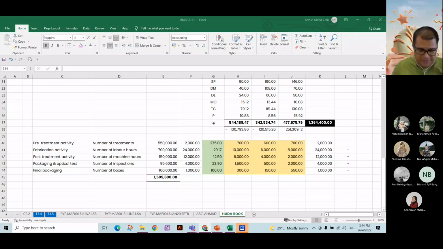Khamis ya? Khamis jam 2 petang. Boleh ya? Okey, so nanti kita jumpa hari Khamis jam 2 petang. Untuk kita buat satu lagi kita punya topik sebelum kita cuti hari raya. Okey, jumpa hari Khamis pukul 2 petang.